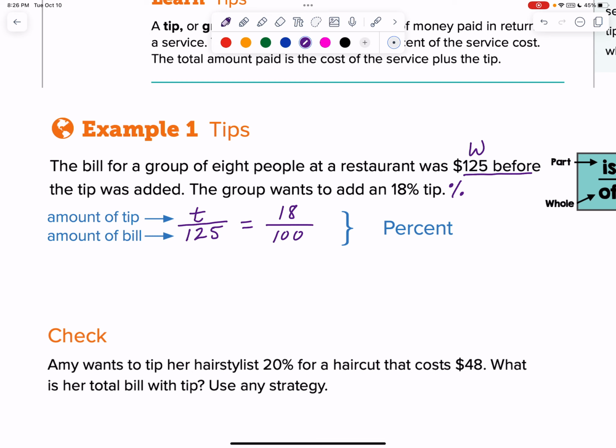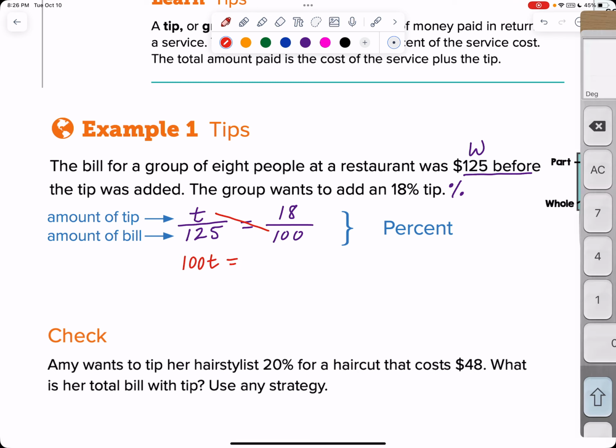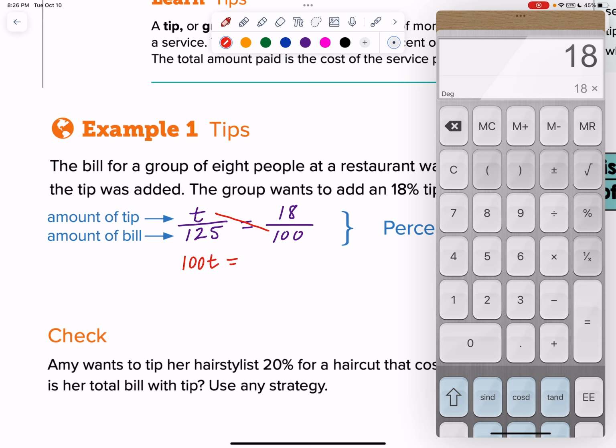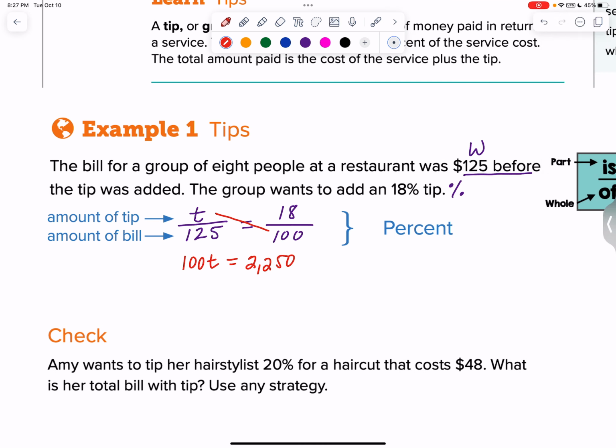Let's go ahead and do our means extremes. Do your variable first, so 100 times T is 100T equals, and then 18 times 125 is 2,250. Now we know we want to isolate the variable.